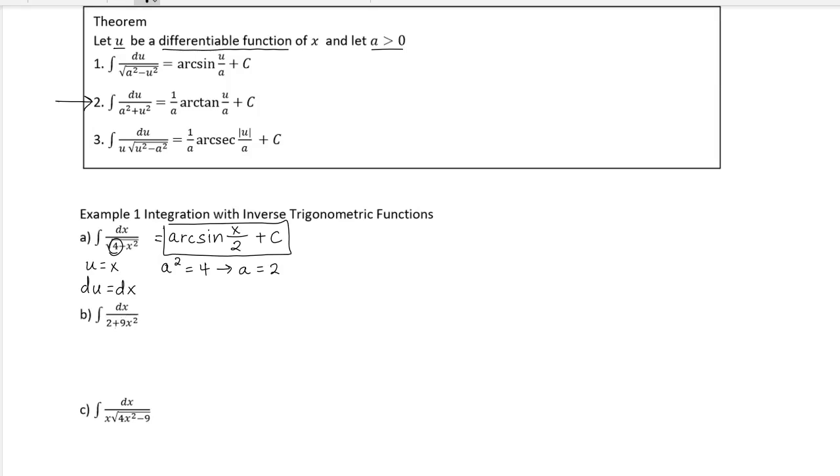So I'm going to let u squared equal 9x squared, which implies that u is equal to 3x, just taking the square root of both sides of that. Here I can see that a squared is corresponding to 2. Well, if a squared is equal to 2, then a is equal to the square root of 2.